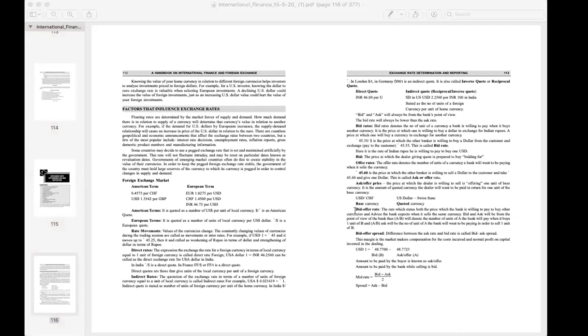So as I say, mid rate is going to be bid plus ask by 2. Make the correction please. Bid plus ask by 2, right?